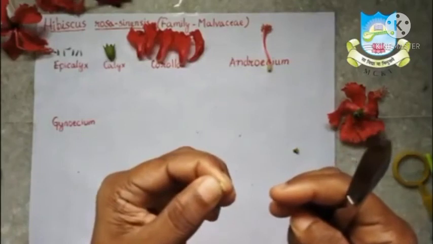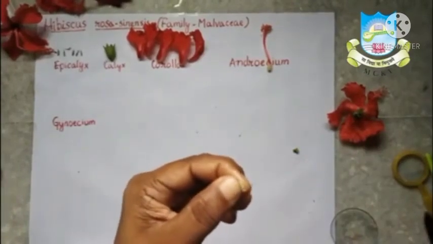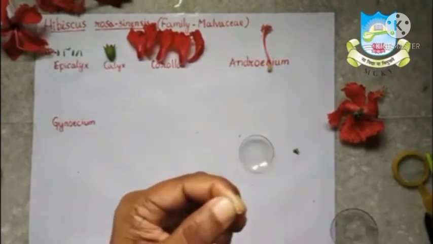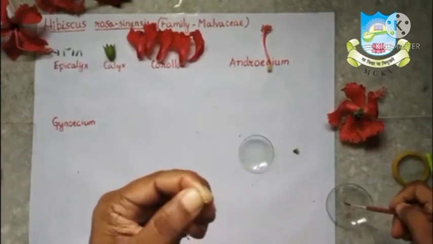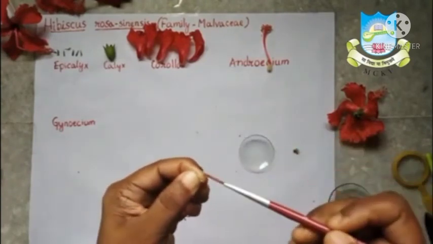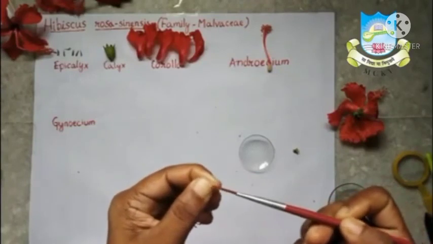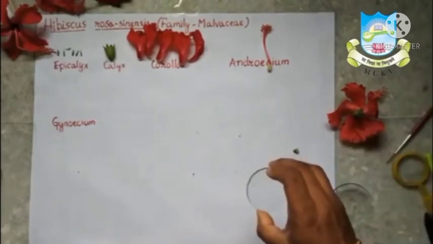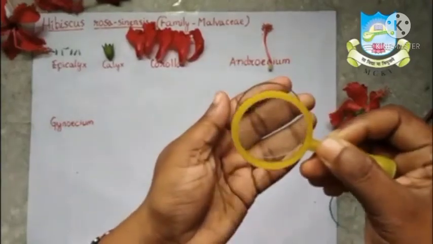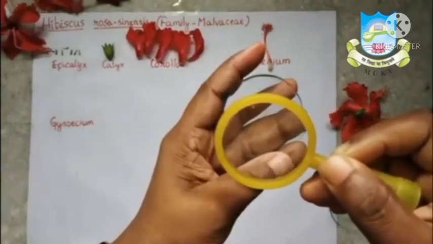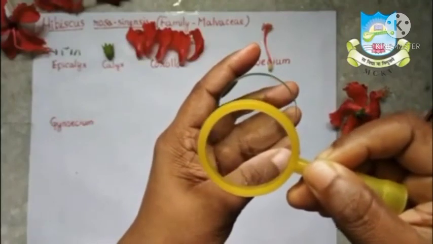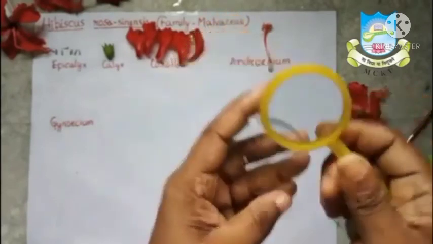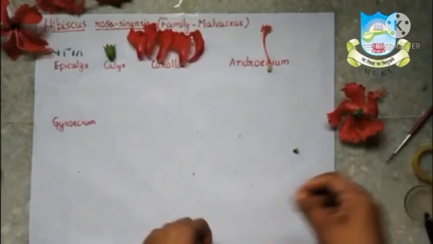This is just, if we just press it, and if we take few granular ovules can be collected, and I would like to show this to you with the help of, so these are the ovules which can be seen under the microscope, or even with the help of a dissection microscope you can see it very carefully. So this is how the gynoecium looks like.